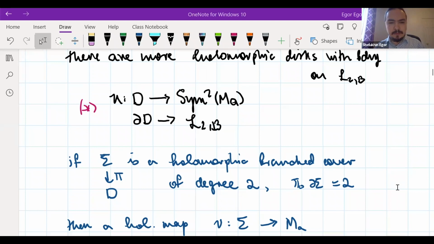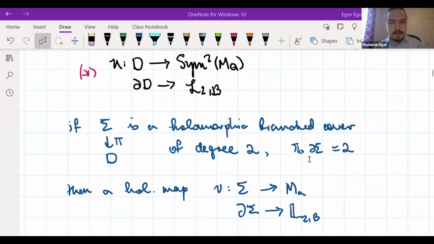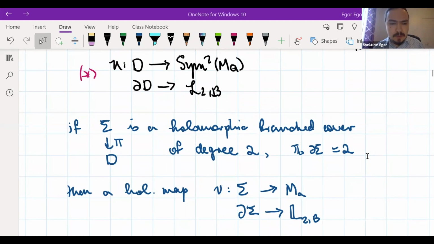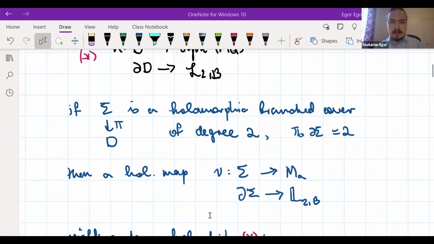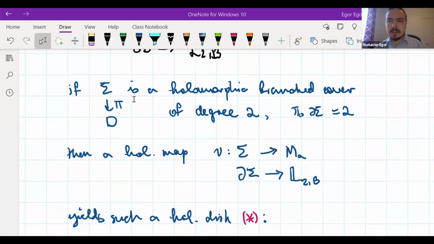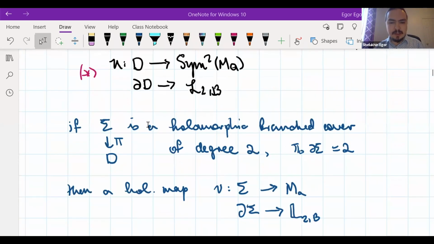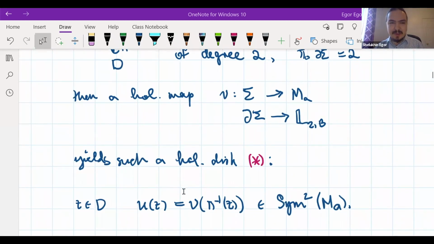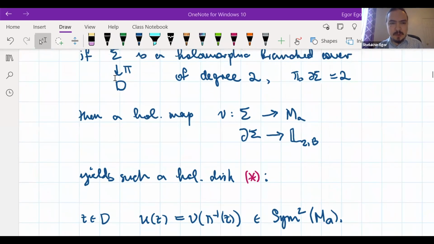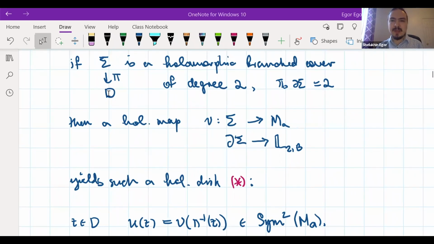All right, and we require it also to have two boundary components. And then a holomorphic map from this Riemann surface to our manifold MA that sends the boundary components to Lagrangian tori yields exactly such a disk, right? And the way it does is that we have the projection pi from sigma to the disk, so we take a point on the disk.